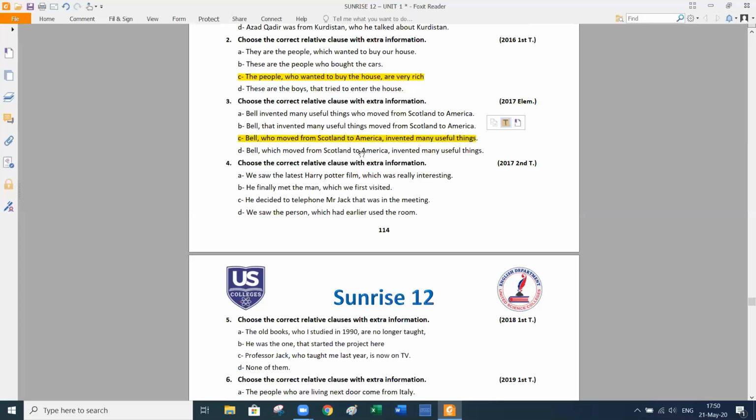So we can mark it, but we continue reading all the choices. So we read D as well. Bell, comma, which. You can see which is used instead to refer to a person. That's wrong. We use who, not which, to refer to people. So that's wrong. The correct answer is C.